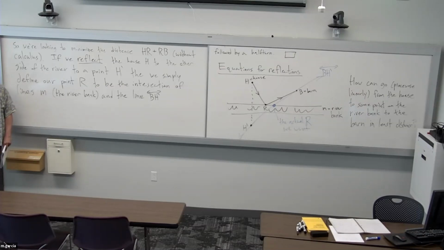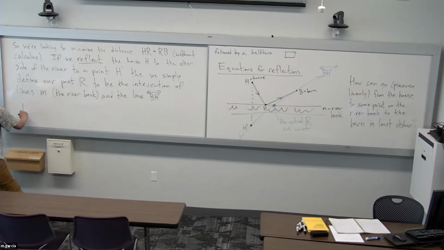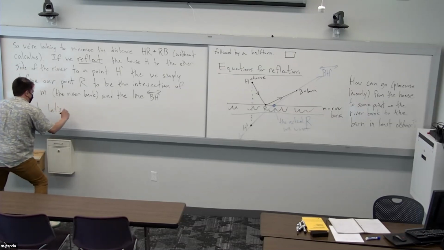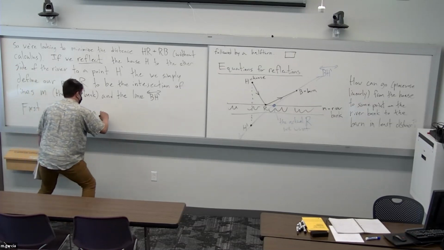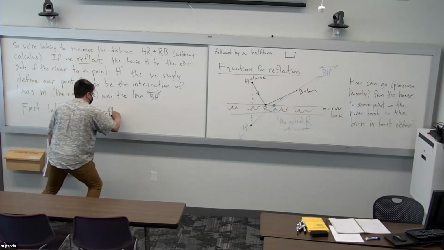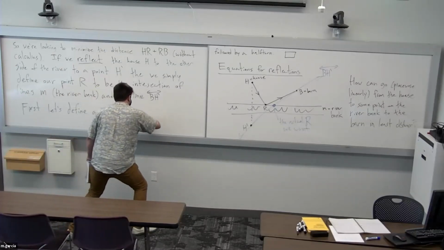If I were to tell you the analytic formula for what a reflection is, it would take quite a bit of puzzling to determine how we came up with that. So first, let's define a reflection synthetically.